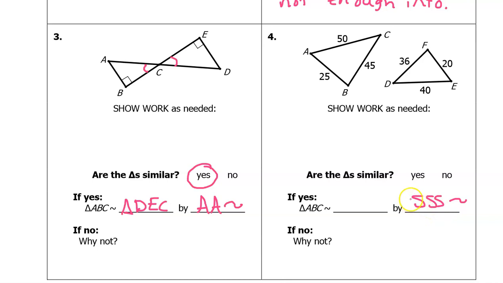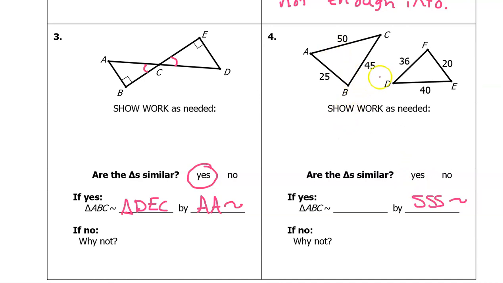Now, when we are dealing with congruent triangles, these S's would mean that we have pairs of congruent sides. So obviously, this triangle on the right is smaller, so the lengths are smaller. So when we are talking about similarity, the S's don't mean that the sides are congruent. The S's mean that the sides are proportional.